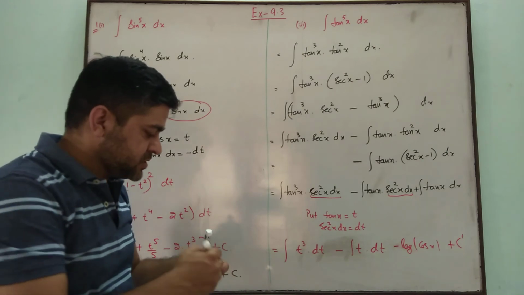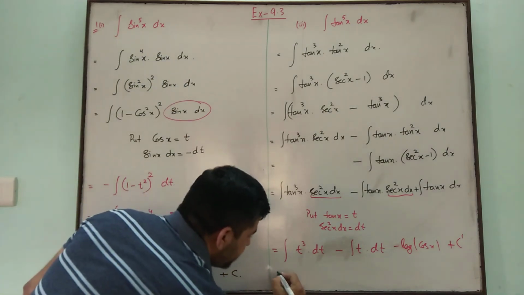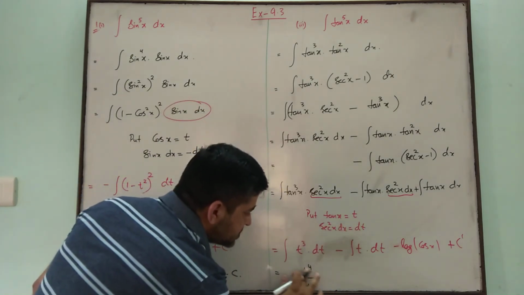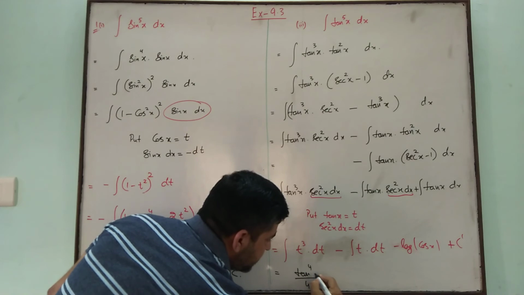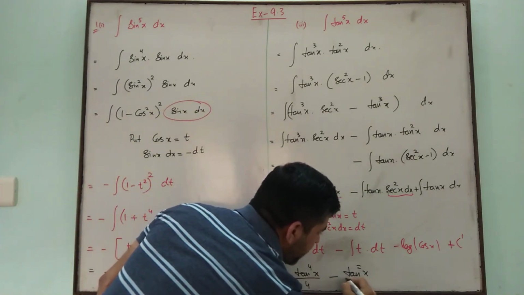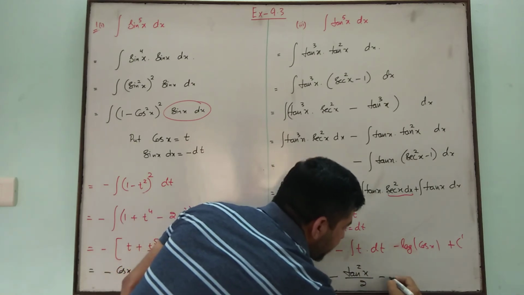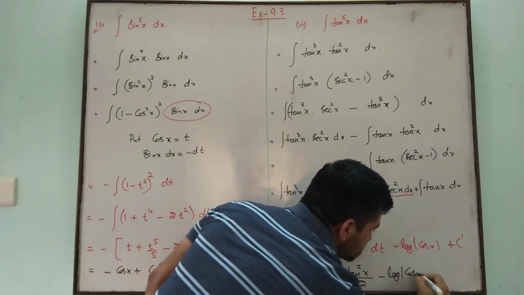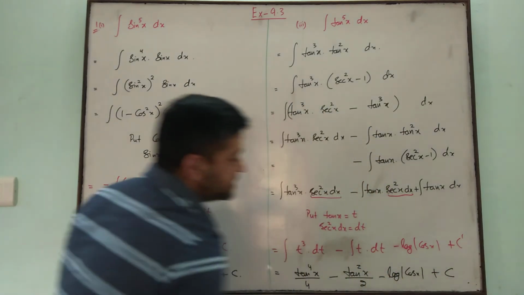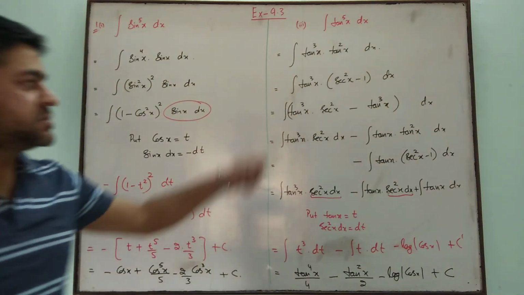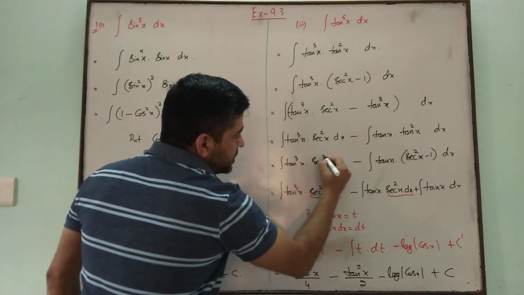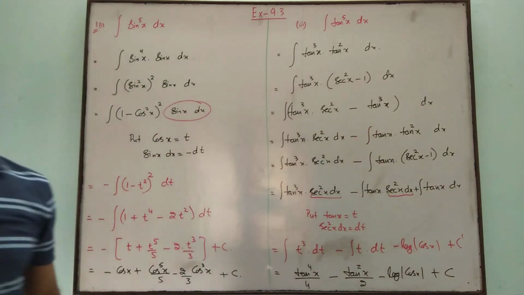Now the integral of this is t cube, t4 upon 4, and the value of t is tan x, so we write it directly, and for this it is t square upon 2, minus log of cos x plus a combined constant, here it was c dash, here the combined constant is c. So this is how to integrate it. This is just tan cube x into secant square x. Wrote it down.